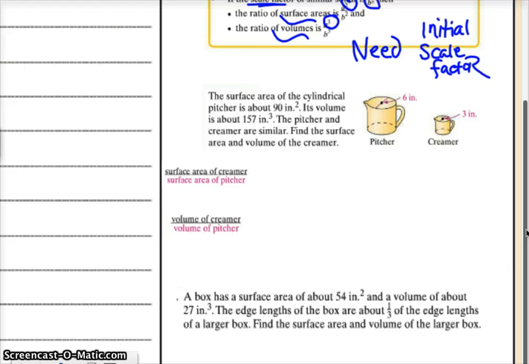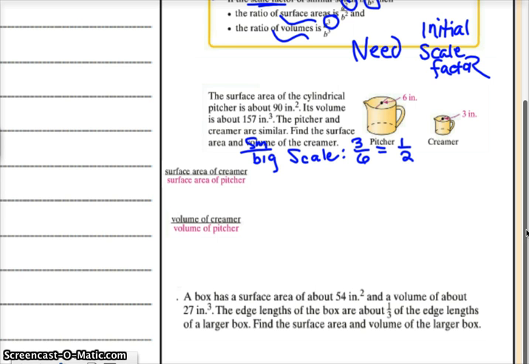So my first need is my scale factor. My scale factor is the ratio of corresponding sides, small to big. 3 is to 6. Small is to big. Which is 1/2. That's my initial scale factor.